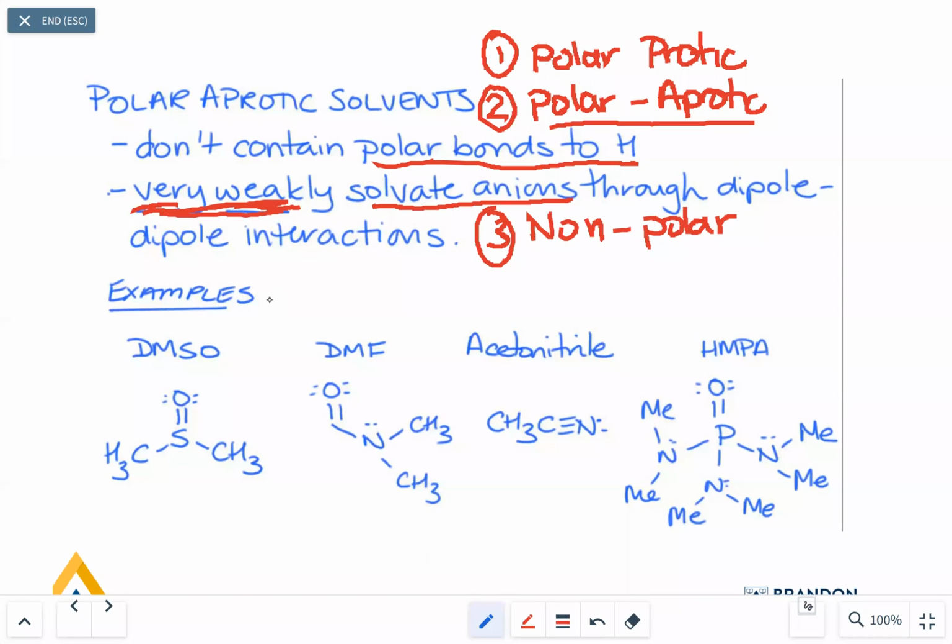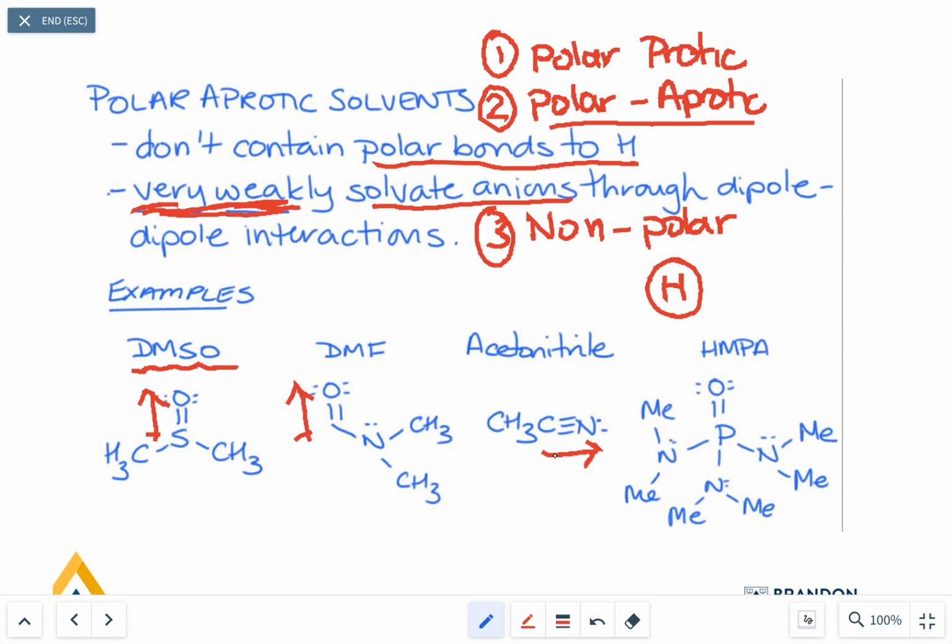For example, here are some solvents that are polar, but there's no polar bond to H. DMSO would be dimethyl sulfoxide. This bond here is very strongly polarized. DMF is another one where you've got a strong bond.